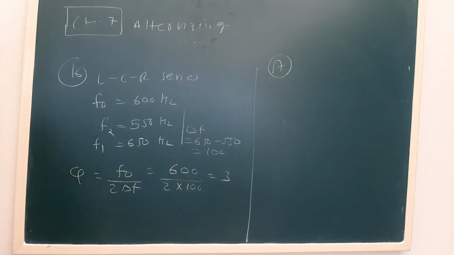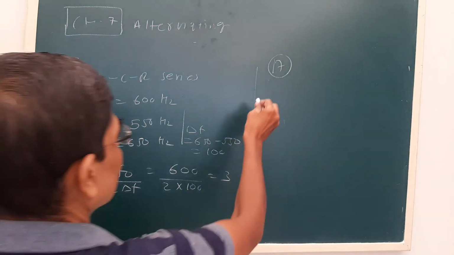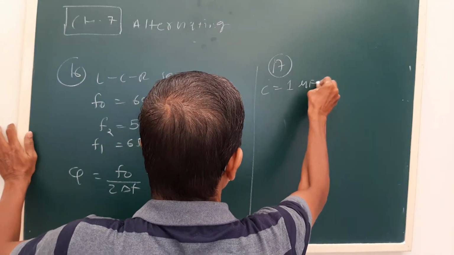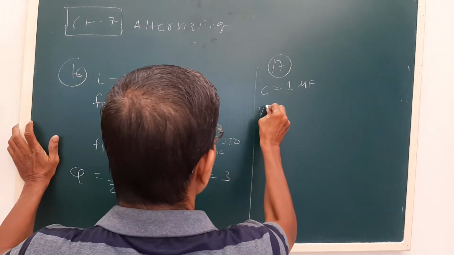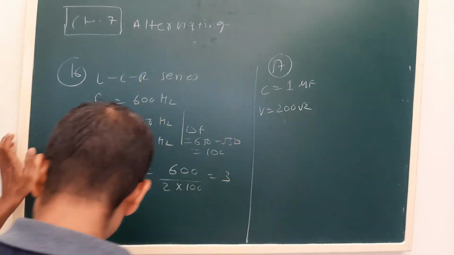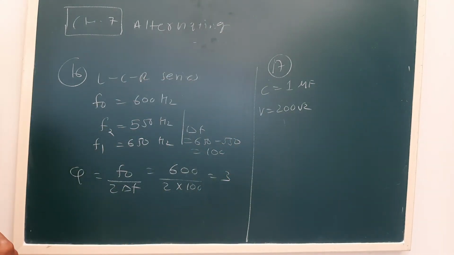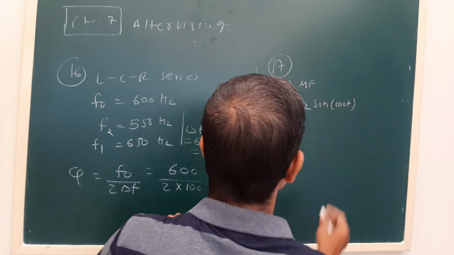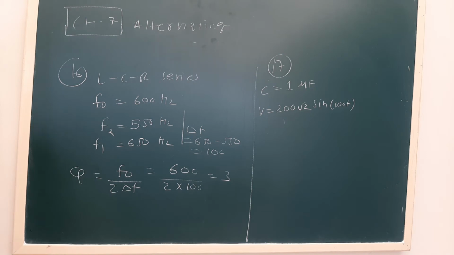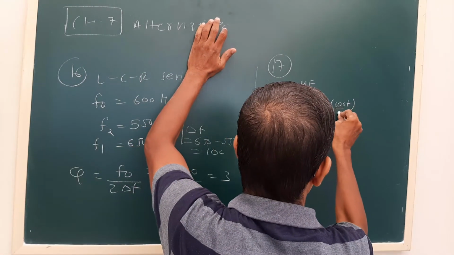Okay, see alternating current is given to a capacitor of 1 microfarad. Now see the voltage supplied is V is equal to 200√2 sin 100t. What is the value of the RMS current? Now see here, omega is 100.